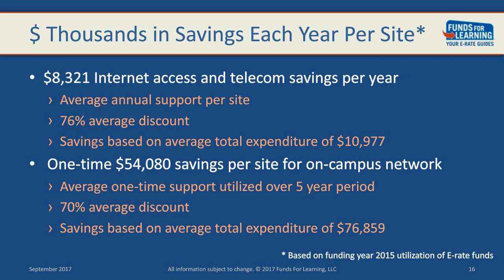And so, what your particular discounts would end up at would obviously depend upon the need that you have at your particular campuses and the size of the campus, the number of students, or the square footage if you're a library. But this just gives you a sense of the types of dollars that are available for you to help support your internet access, your telecommunications needs, and of course those on-campus networks that are so important.